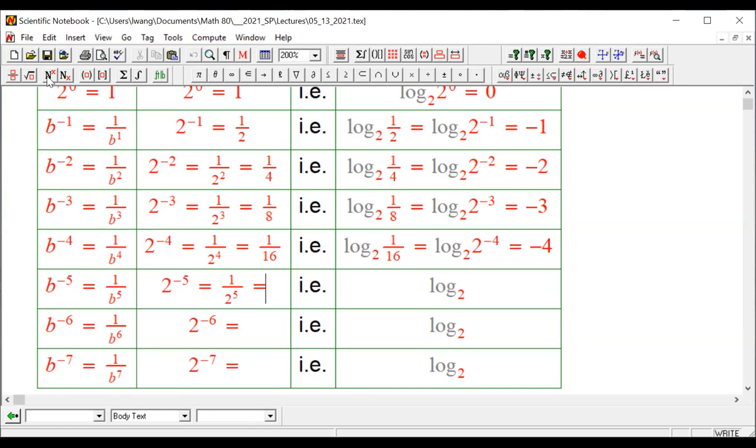And that's 1 over 32. So on this side, you can write log base 2 of 1 over 32 equals -5. Is it getting easier? Is it getting easier?